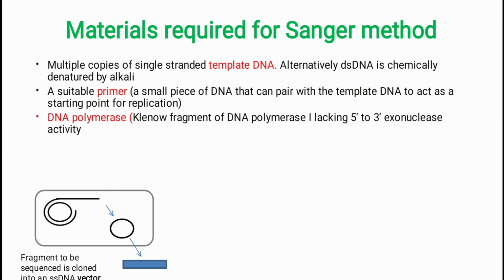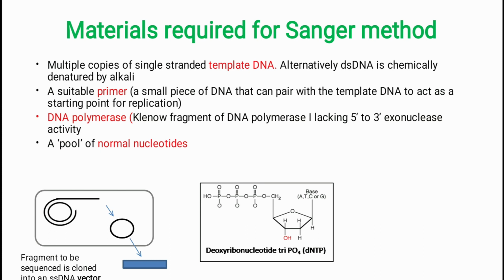Another requirement is DNA polymerase. Here we use a special kind of DNA polymerase called Klenow fragment of DNA polymerase I. The main advantage is that it lacks 5' to 3' exonuclease activity, so that there is no proofreading and other functions will be carried out.